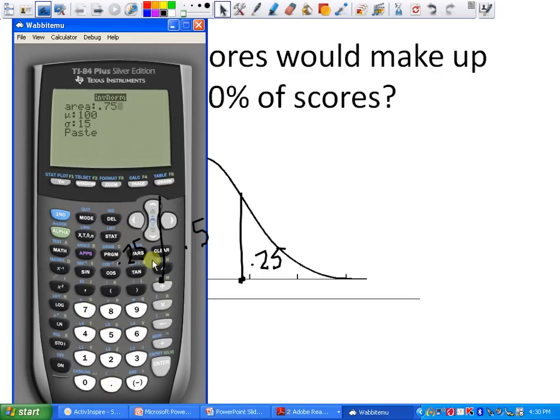And again, this is going to give me the other score. So basically, the middle 50% of IQ scores are between 89.88 and 110.11. So 50% of people have an IQ score between those two scores.